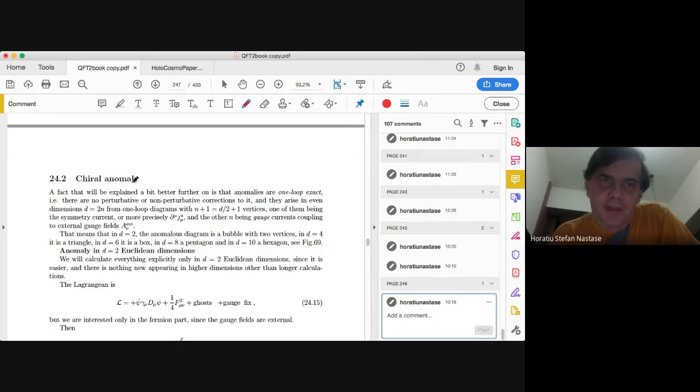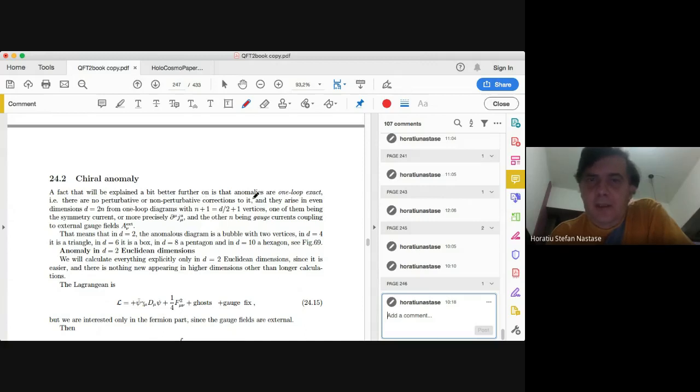We're interested in the anomaly in this specific global symmetry called chiral symmetry, in other words, in the chiral anomaly. We'll see more precisely in the next lecture, in the path integral derivation, that the anomalies are actually one loop exact, meaning there are no perturbative and no non-perturbative corrections to it.